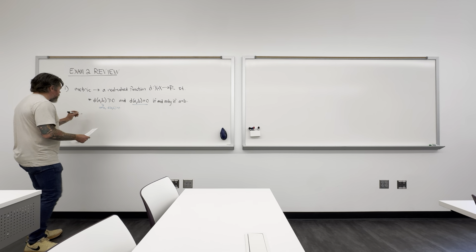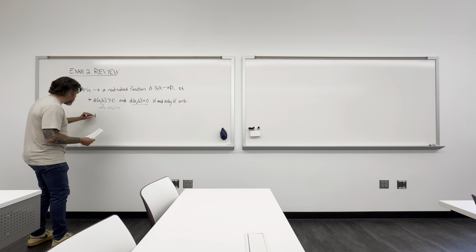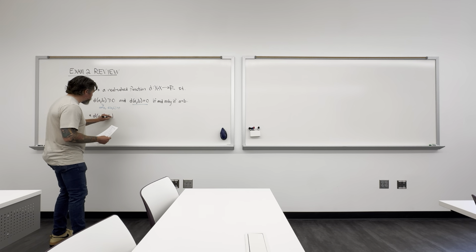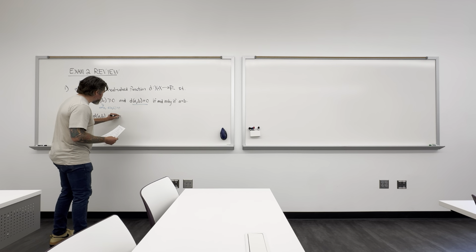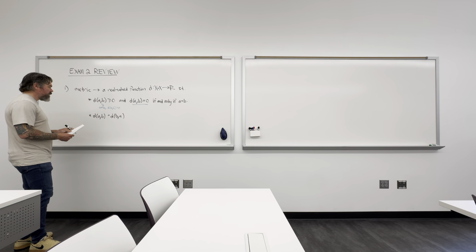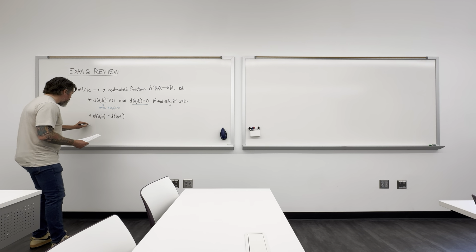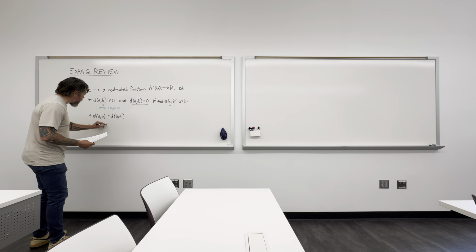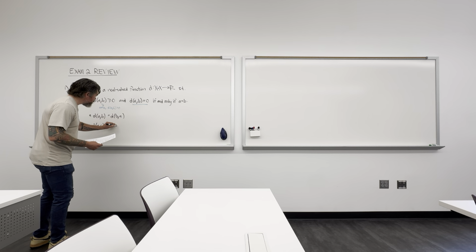The real valued function is symmetric, so D of AB equals D of BA, and it satisfies our triangle inequality.